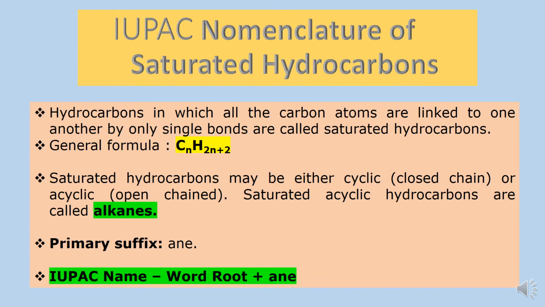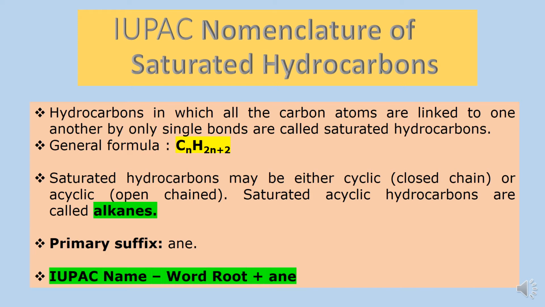Now we'll discuss the rules to name saturated hydrocarbons. As you know, hydrocarbons are organic compounds having only carbon and hydrogen atoms. And if all the carbon atoms are linked to each other by just single bonds, then those hydrocarbons are called saturated hydrocarbons.